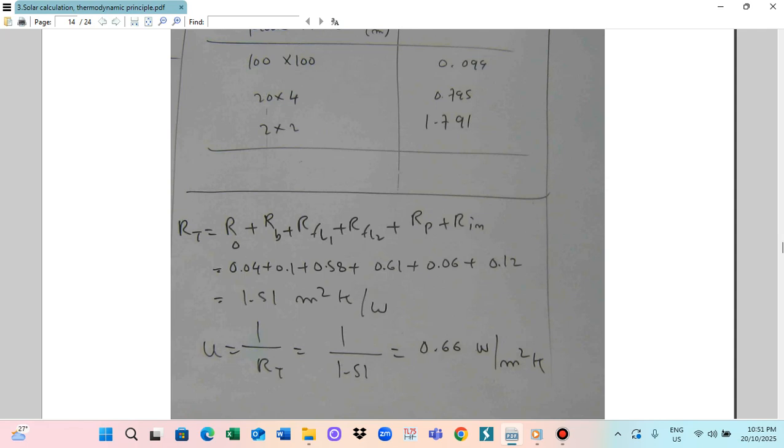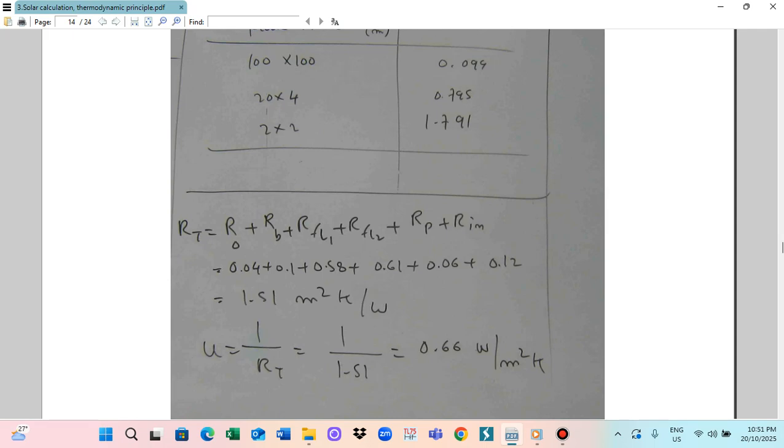This is the external air. We can take the resistance as 0.04 meter square K by W. So R0 is about 0.04 meter square Kelvin per watt. So we have finished the outside air.